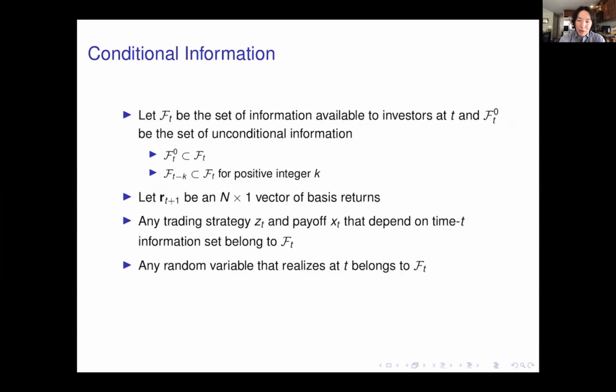And we will denote this set of information as F_t. So F_t is the set of all possible information available to investors at time t. 즉 F_t라 그러면 오늘 현재까지, T is usually the current time, right? T is usually today. So F_t stands for the set of information.